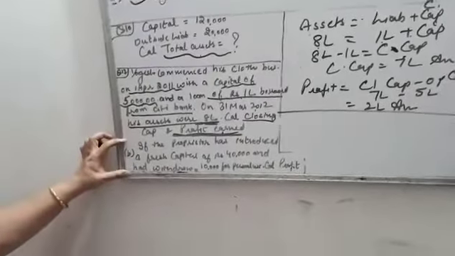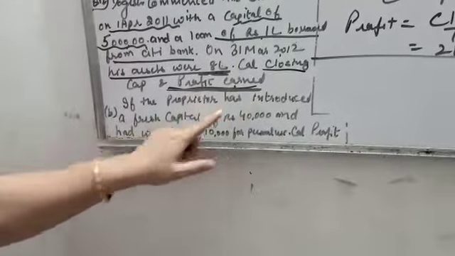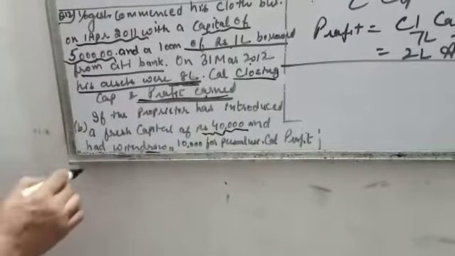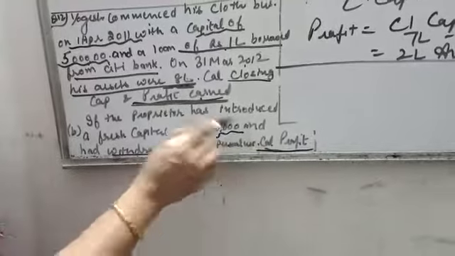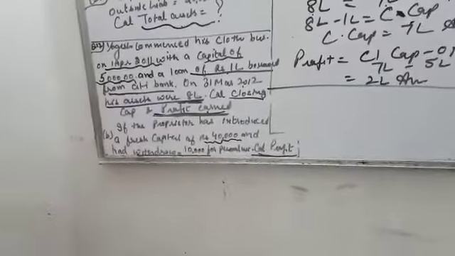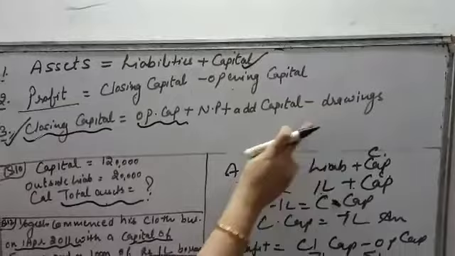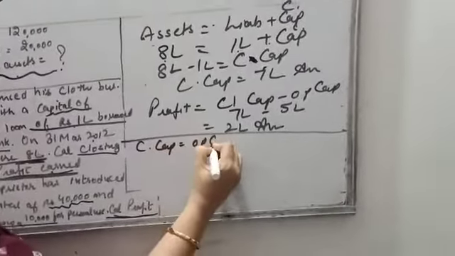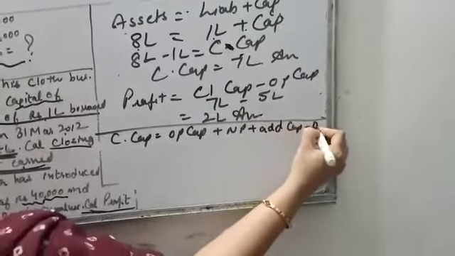In the second part, we are having two parts in this. It is written, if the proprietor has introduced a fresh capital of 40,000, यानी proprietor ने 40,000 additional capital introduce करा and withdrawn 10,000 drawings करी, तो calculate the profit again. अब हमें profit दोबारा calculate करना है और इन दो चीजों को consider करते हुए, तो हम कौन सा formula लगाएंगे? Third. Whenever additional capital and drawings are given, we are going to use this formula: closing capital is equal to opening capital plus net profit plus additional capital minus drawings.